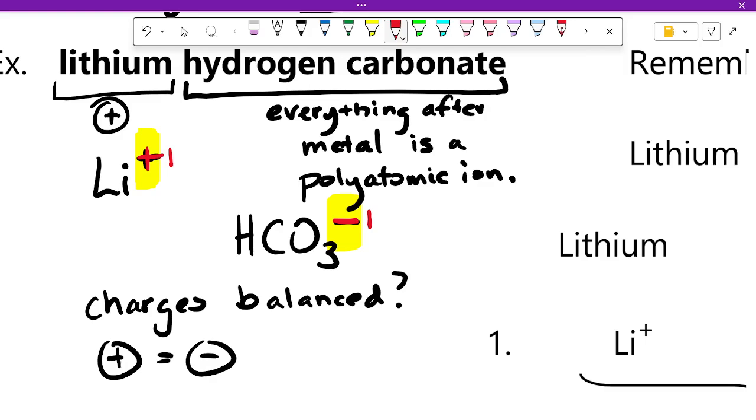Good point. So this is a misconception that people often have. There are not 3 of these. There's just one of them. What this would look like is a carbon with 3 oxygens attached and a hydrogen attached to the oxygen.